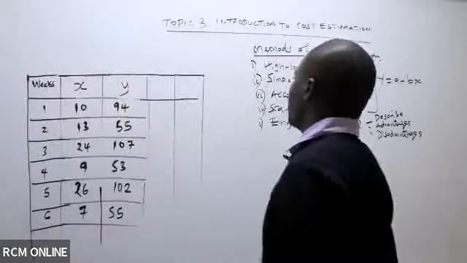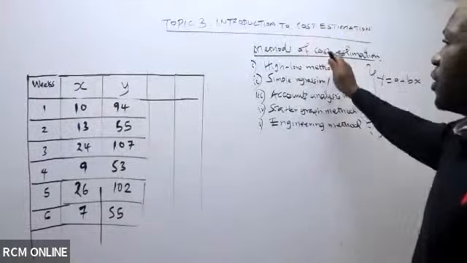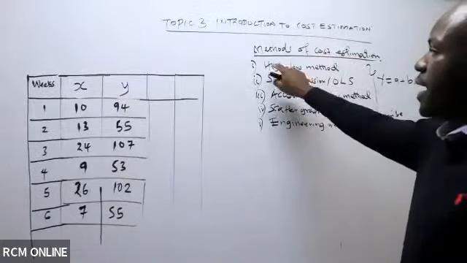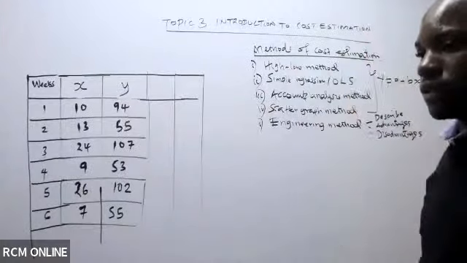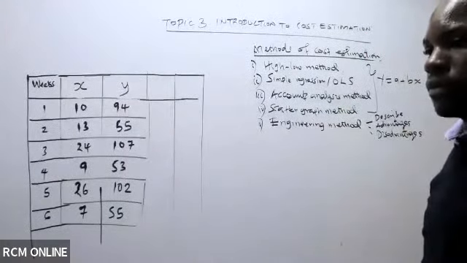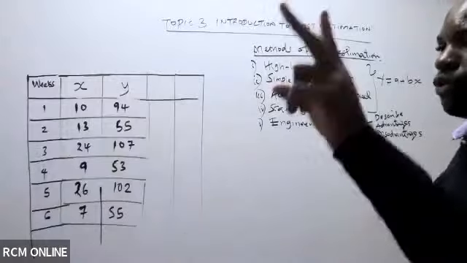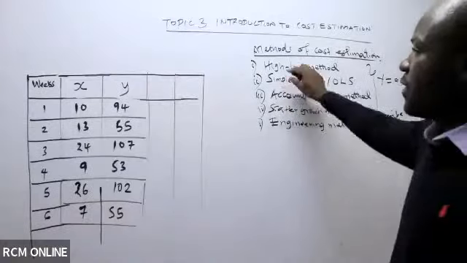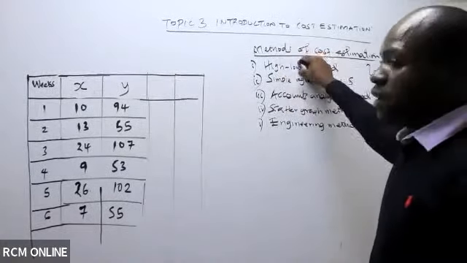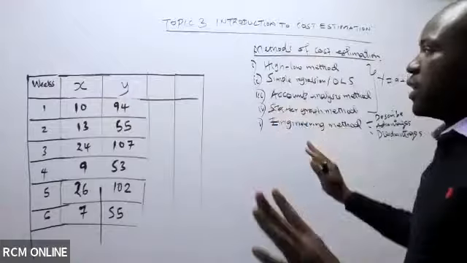Good. Now, let's start with the first method, the high-low method. From the words high and low, we are going to pick two pairs of coordinates, the highest values pair and the lowest values pair. That's what we need.